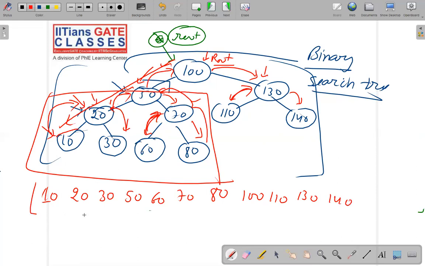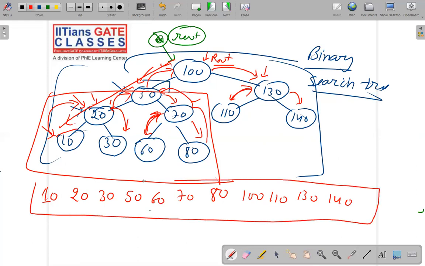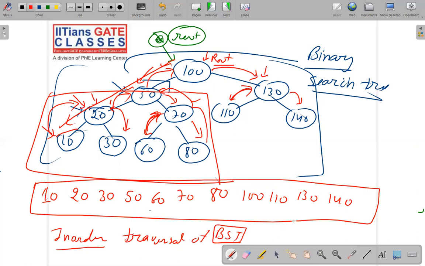So if you see, if we try to print in order, this is the in-order traversal of a binary search tree, BST, right? Now here you can see one more property.